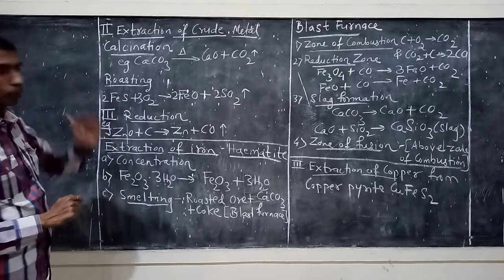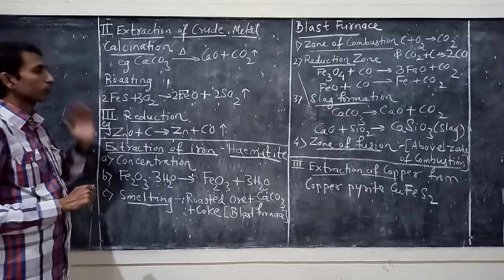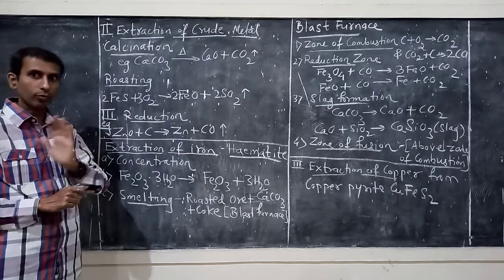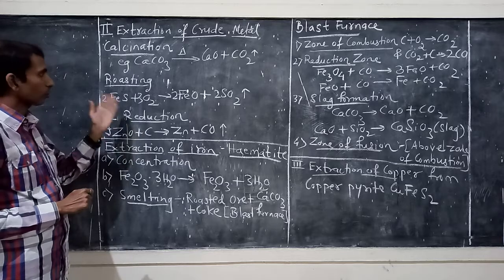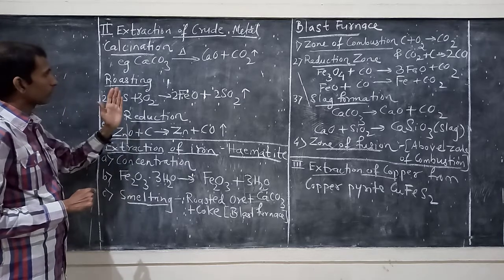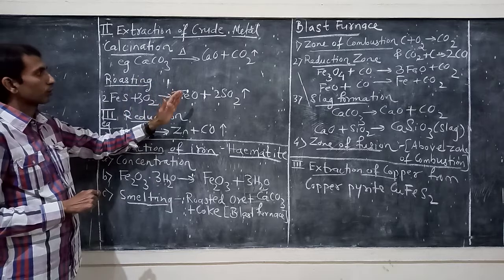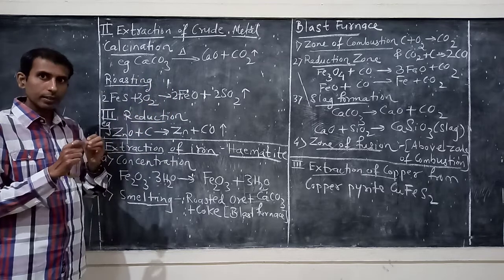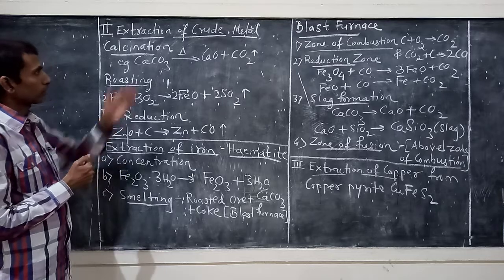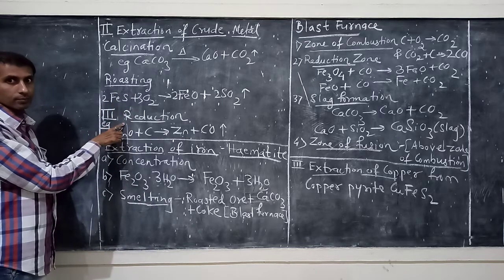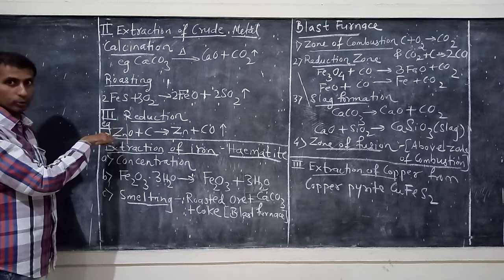And roasting. In the roasting process, sulfide ore of the metals are used, and they are directly treated with excess of air or oxygen. So sulfide ore will react with oxygen and produce the oxide ore of the metal. It is very compulsory to obtain the oxide ore because the very next step is the reduction step in the extraction process.